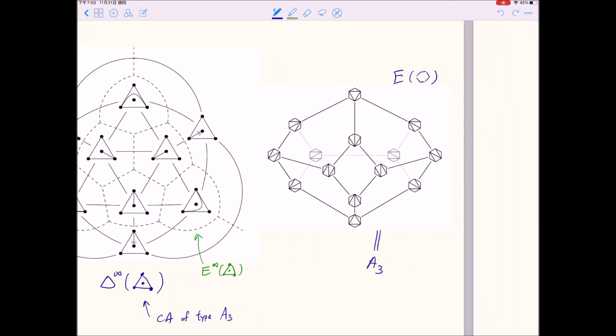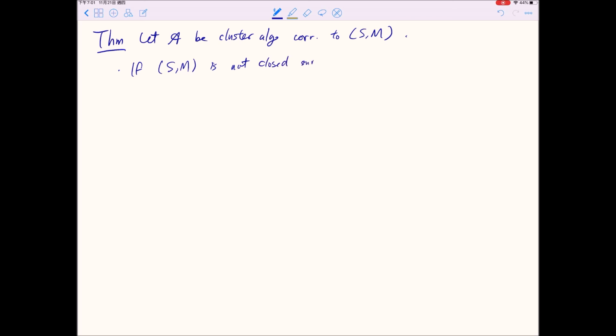All right, so the statement that I mentioned just now is that the cluster algebra corresponds to the marked surface, and if the surface is not a closed surface with one puncture, then the cluster complex will be the same as the tagged arc complex.